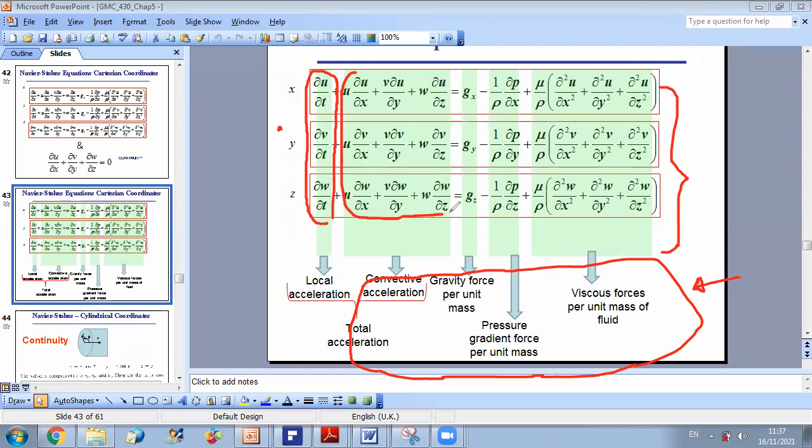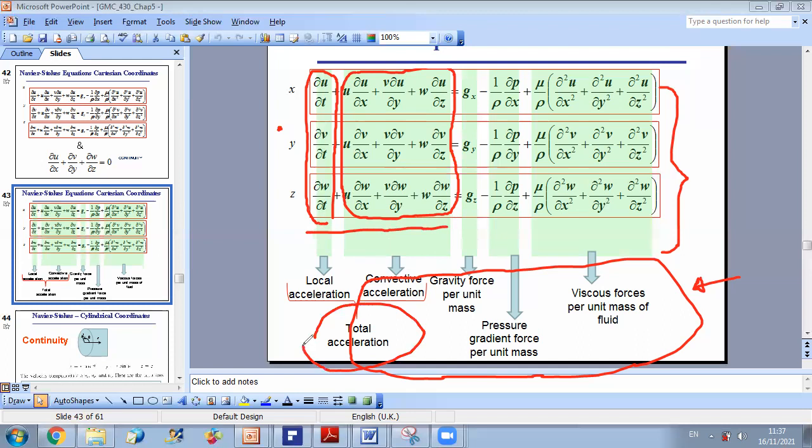So here, the summation of these three terms represents the total variation of velocity with position. For example, along x, u ∂u/∂x plus v ∂u/∂y plus w ∂u/∂z represents the convective acceleration term.